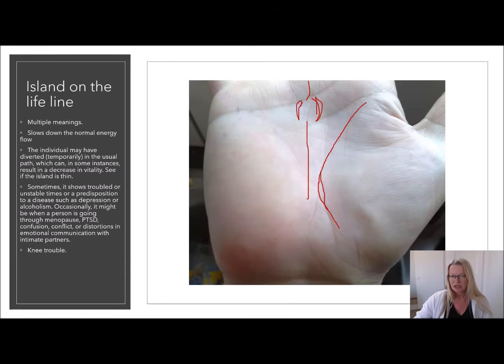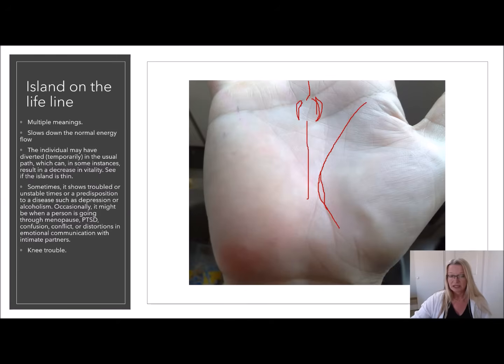It could be PTSD, a period of conflict, even emotional distortions for a period. It could be regarding communication with their partners, so a period of difficult relationships.